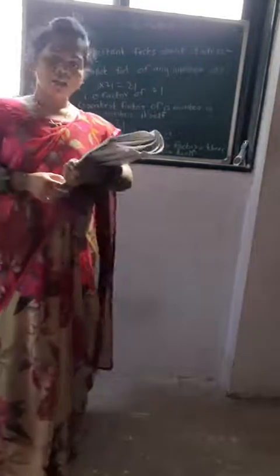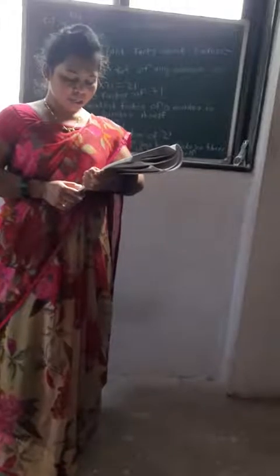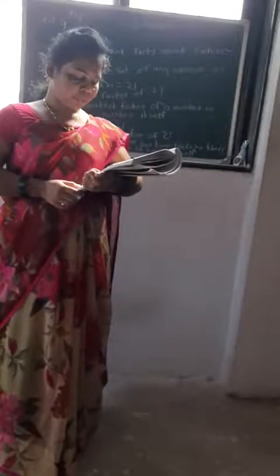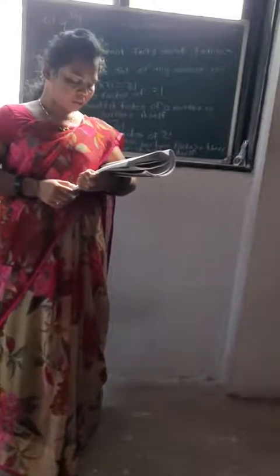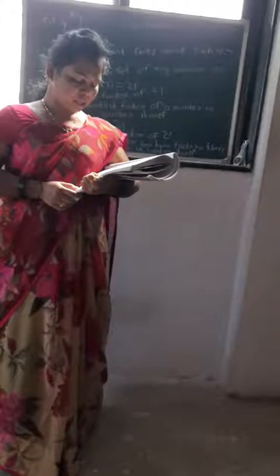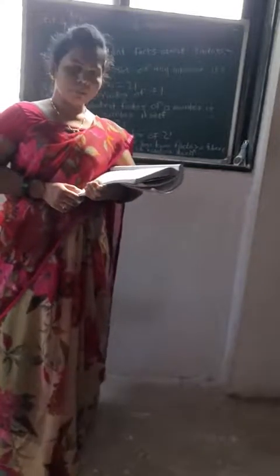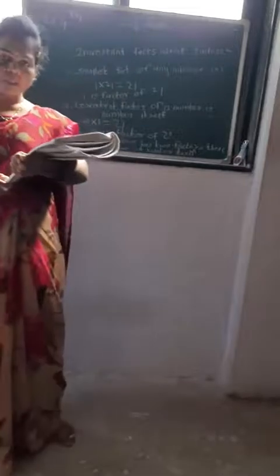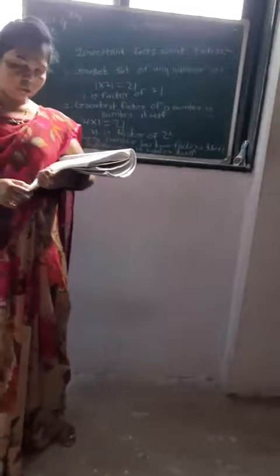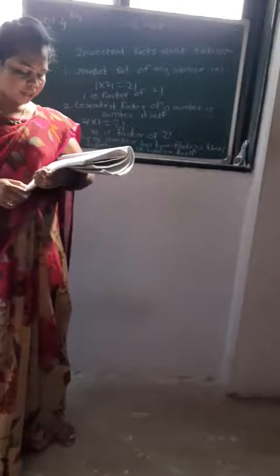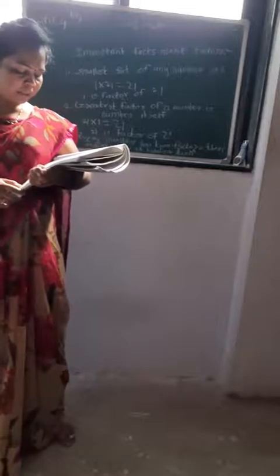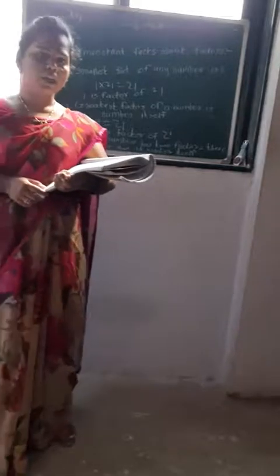Next, fourth fact is factors of a non-zero number is equal or less than number itself. For example, factors of 18 are 1, 2, 3, 6, 9 and 18. Here every factor is less than or equal to 18.